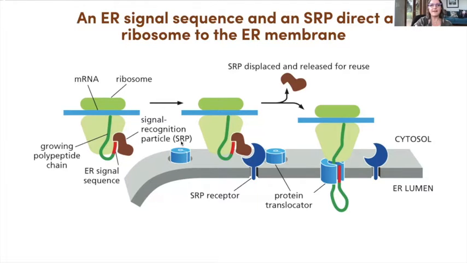And then that SRP docks onto a protein complex called the SRP receptor, which is embedded in the membrane of the endoplasmic reticulum. And that triggers the transfer of the polypeptide from the SRP into this protein translocator channel. And that's what starts this threading process. And then the SRP is recycled back into the cytoplasm to go find additional proteins that have the ER signal on them.